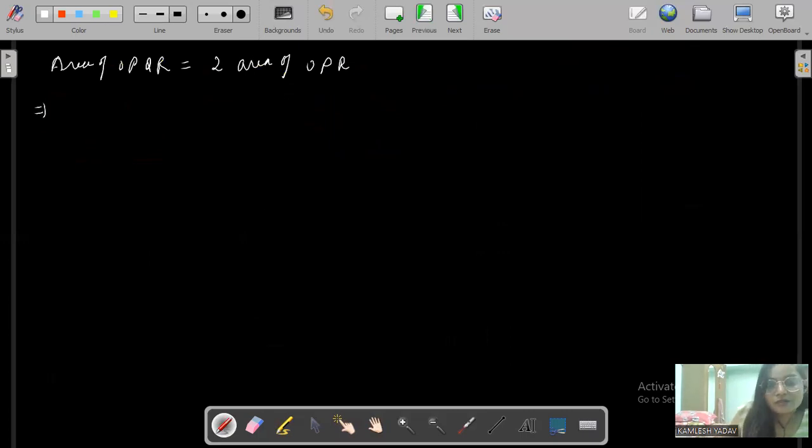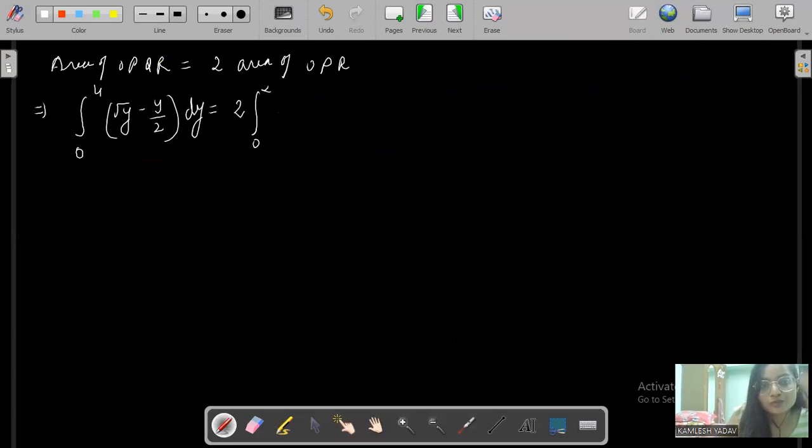So here from the diagram we see the lower limit is 0 to alpha, and x means root y minus y by 2 into dy, which is equal to 2 into the integral from 0 to alpha of root y minus y by 2 whole dy. Now we can integrate this value root y.